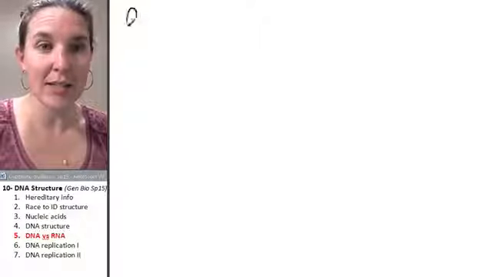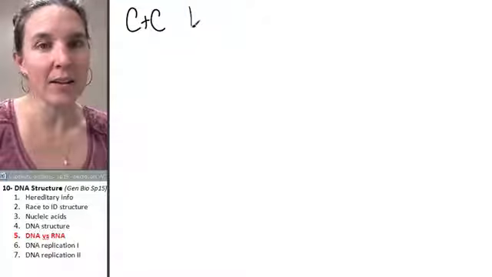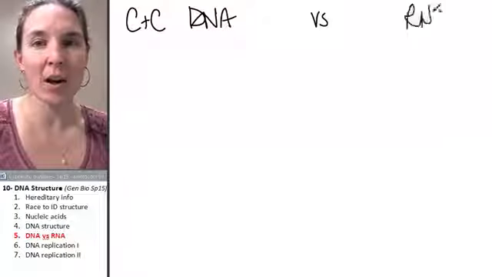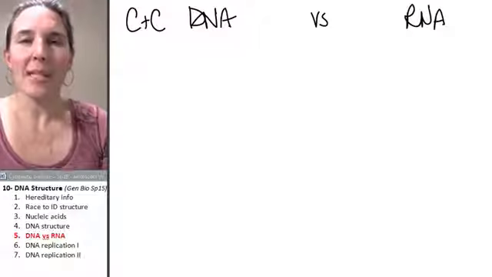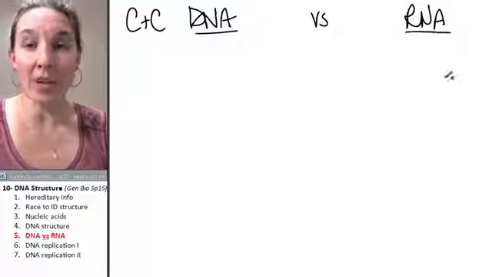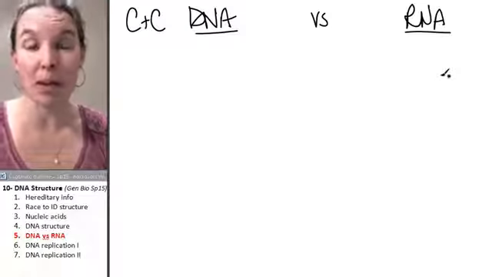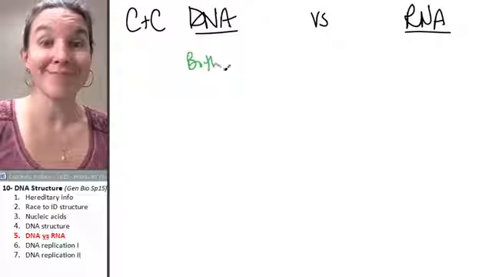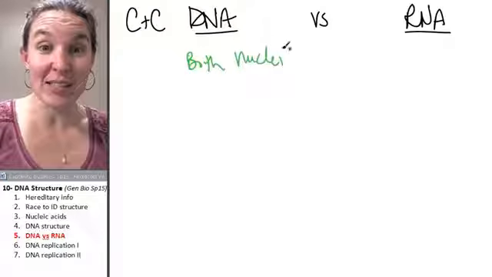Now let's compare and contrast DNA versus RNA. What's the thing that both DNA and RNA have in common? What's the way that we can compare these two? They are both nucleic acids.